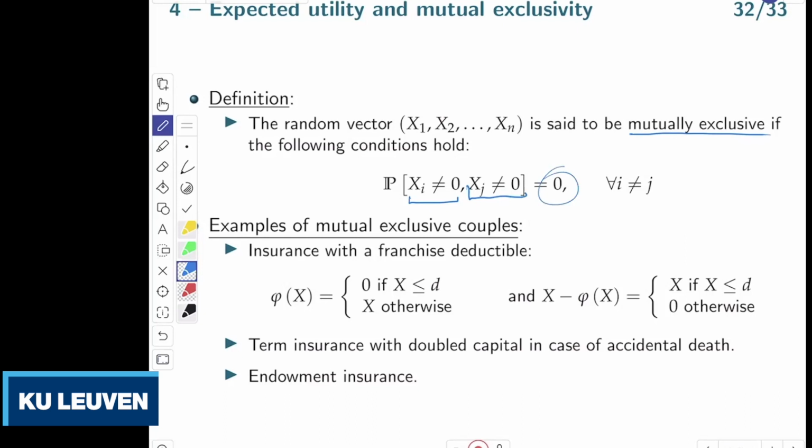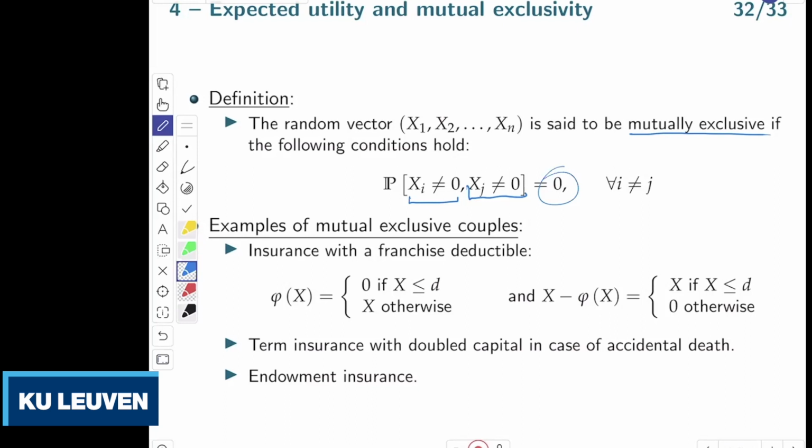Meaning, think about your car insurance and your house policy, that if you have a loss on your car policy, you will never have a loss on your house. That's mutual exclusivity, which is different from independence. We model how things move together in a different way, right?